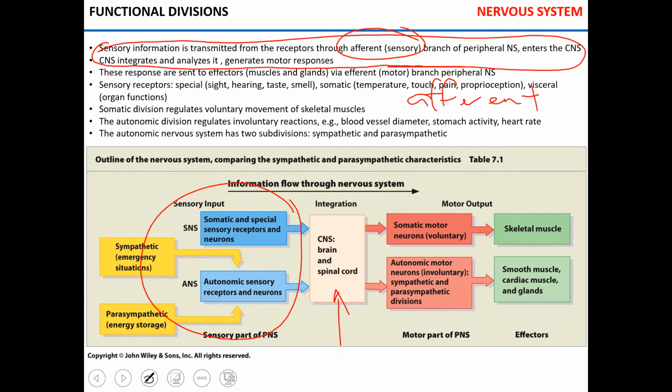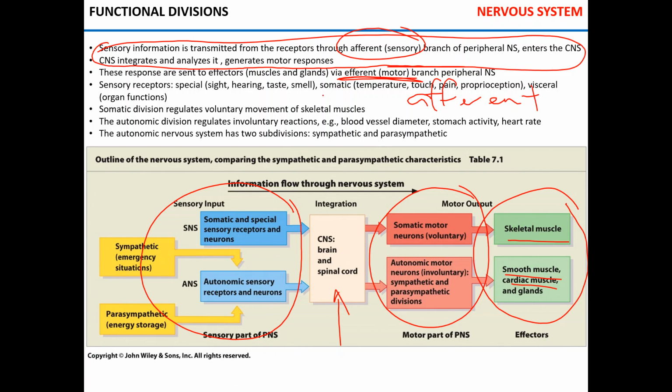So it transmits sensory information to the central nervous system. Then the central nervous system integrates this information and formulates the responses, which are delivered to the effectors, muscles, skeletal, cardiac, smooth, and glands, via the efferent branch of the peripheral nervous system. Efferent and motor are essentially synonyms as well.